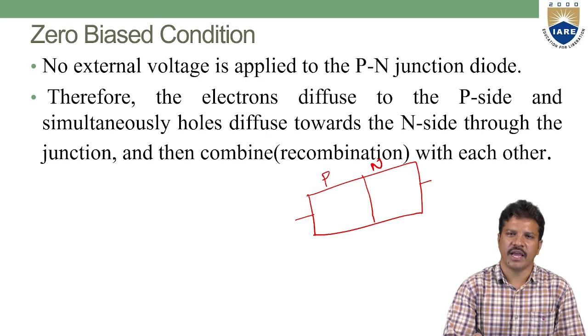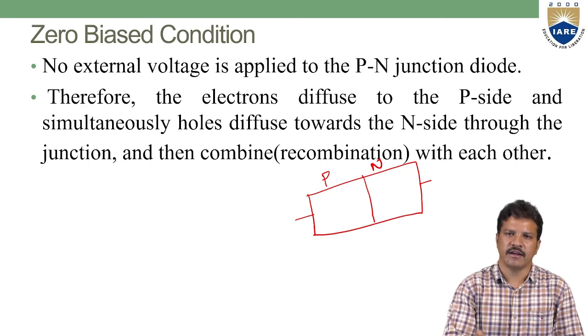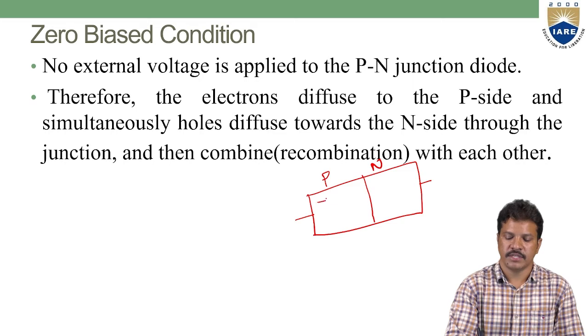Initially, p and n are electrically neutral, under electrically neutral or equilibrium condition, so all ions on the p side and n side are equal. But in p-type material, we have majority charge carriers of holes and minority charge carriers of electrons. In n-type material, we have majority carriers of electrons and minority carriers of holes. If you see this figure, this can be represented this way.